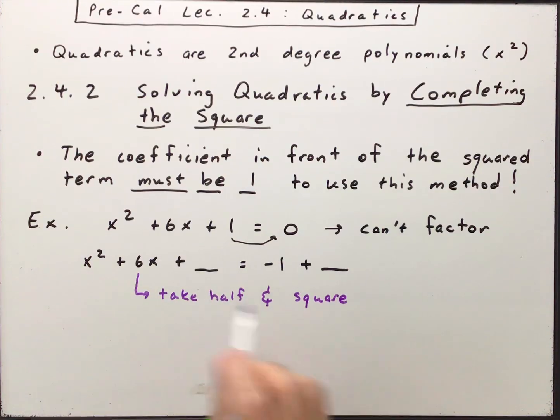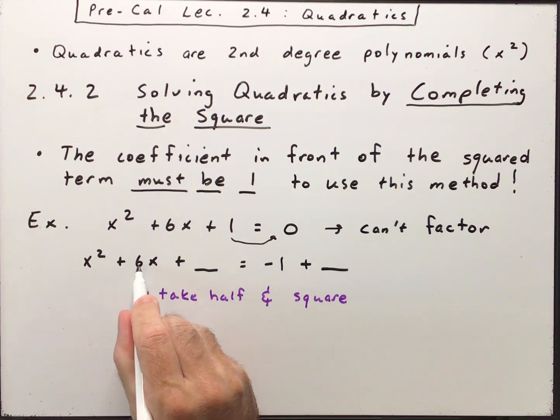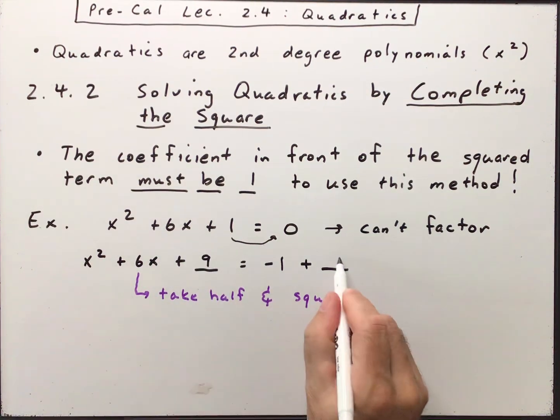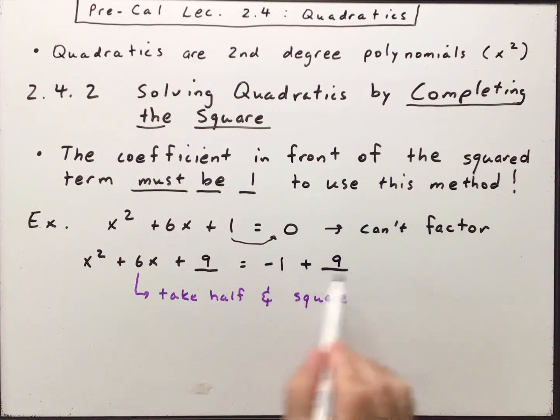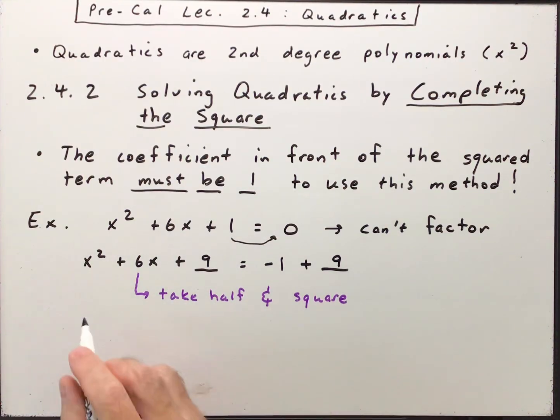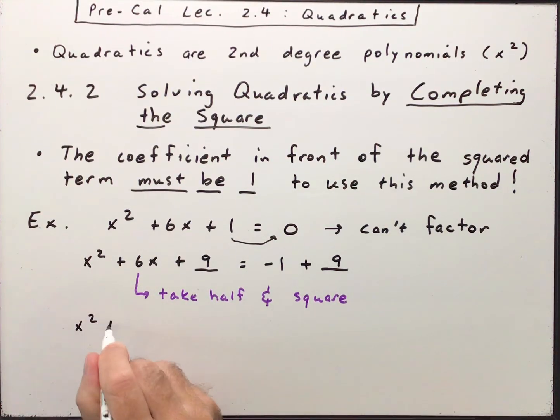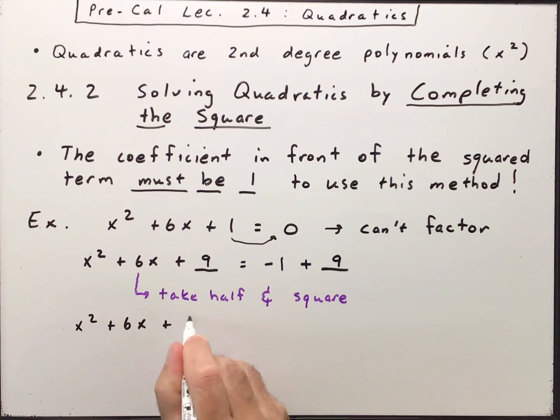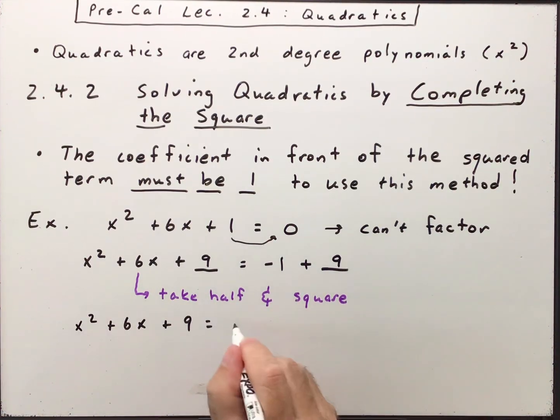And we're going to add that number to each side. So half of 6 is 3. 3 squared is 9. So I'm going to add a 9 to both sides. So now we've got x² + 6x + 9 = −1 + 9, which is 8.